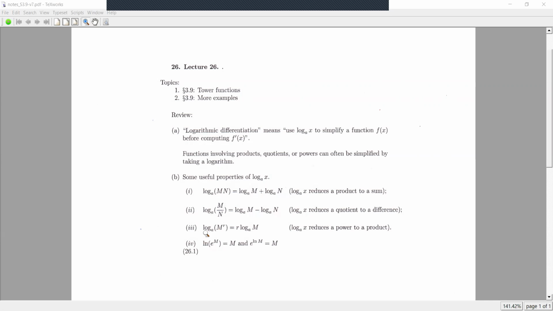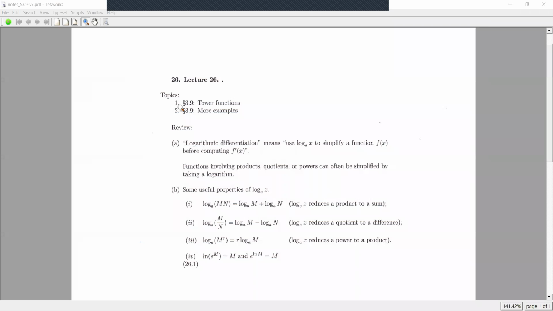Number three, log reduces a power to a product, the power times log. Number four, natural log of e to m is m. e to natural log of m is m. In these two formulas, natural log and e cancel each other.